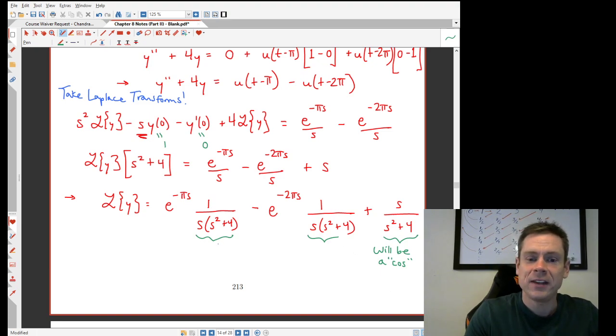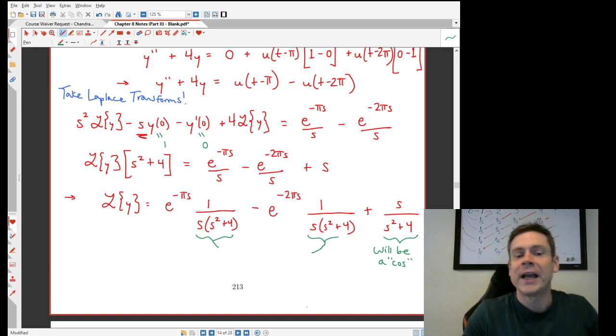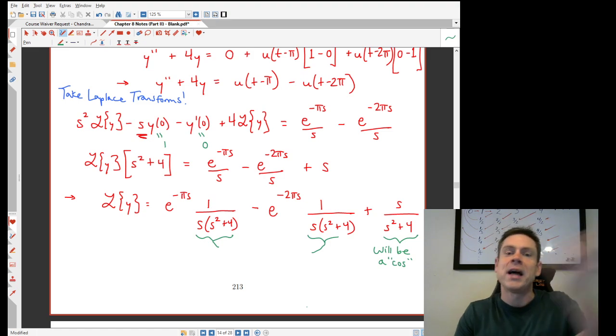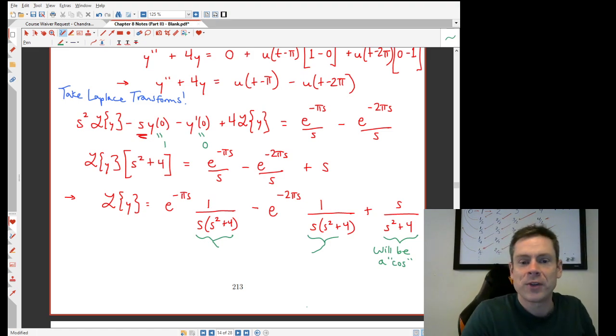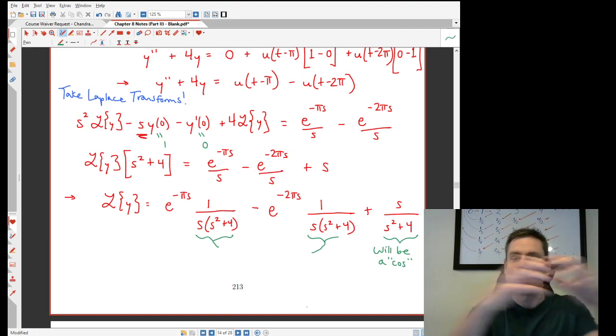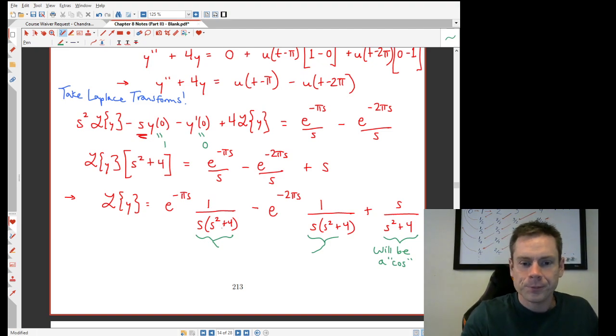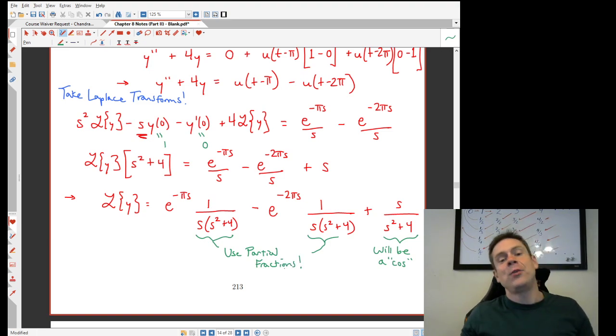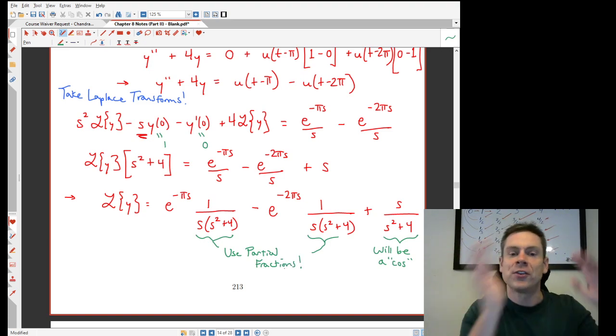Okay, these here don't look like anything right now, but it's going to be multiplied by an exponential in both cases. But in each one of those, I actually have to use partial fractions to break these down. So that's going to be our next step, breaking those down, and I'll be able to see the different combinations of functions that hid an exponential.